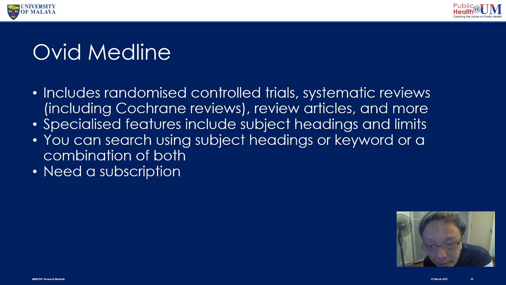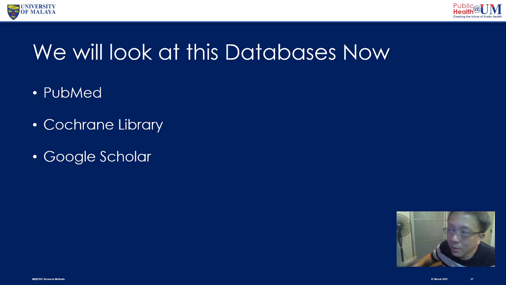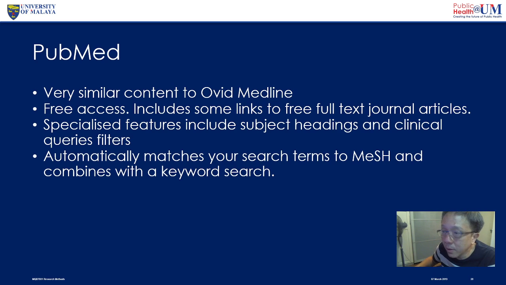Ovid is another search engine. Ovid can search many things, but it is subscription based. You can search Medline with it, but for this exercise we're going to use PubMed, Cochrane, and Google Scholar. PubMed is now a very powerful engine, very similar in content to Ovid and Medline.